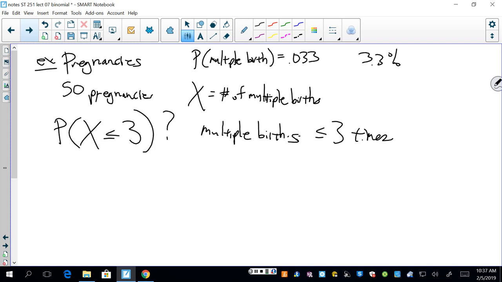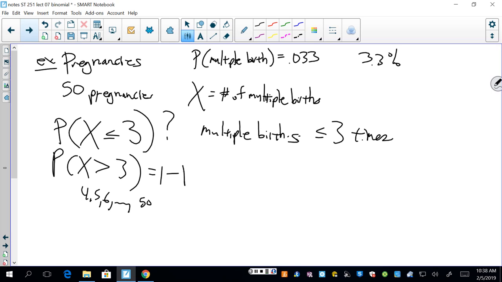That there's 3 or fewer women who have multiple births. What's the chance that it's bigger than 3? So you have 4, 5, 6, all the way up to 50. You're not really going to have 50 multiple births. It's really a random sample, because it's so rare. That is 1 minus this.